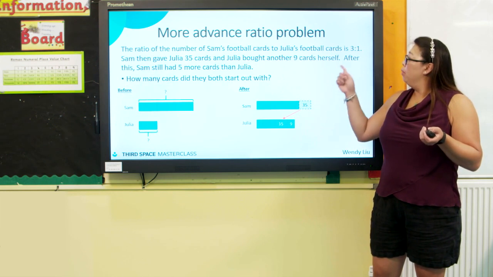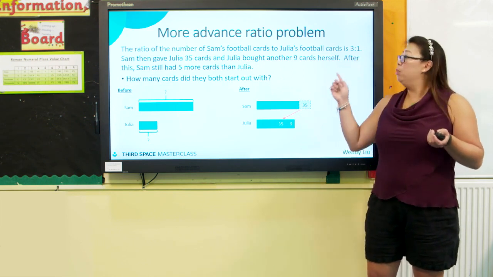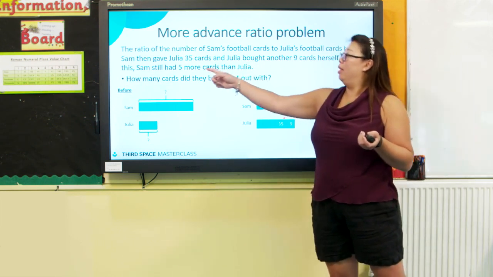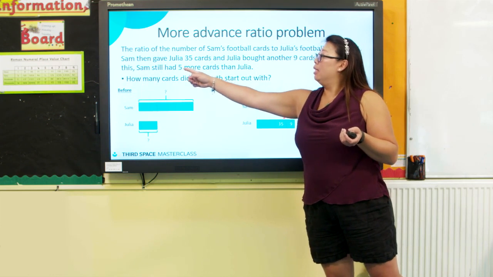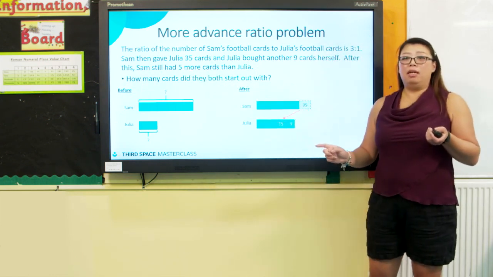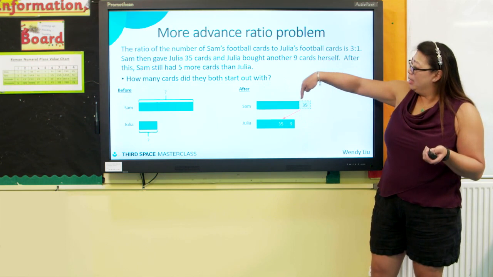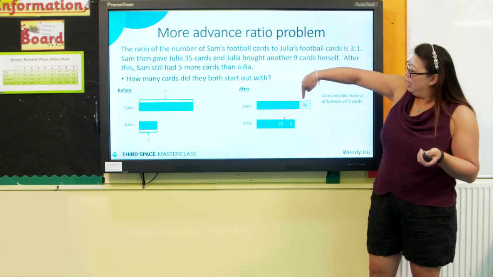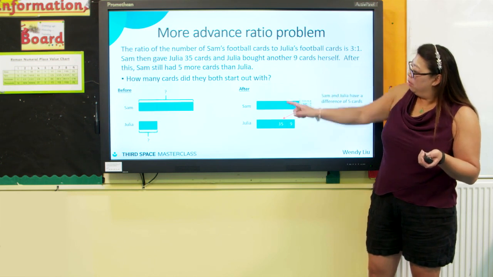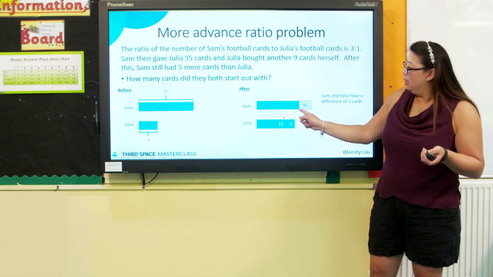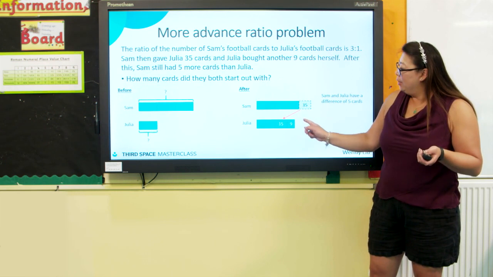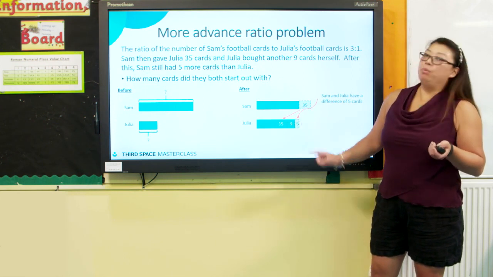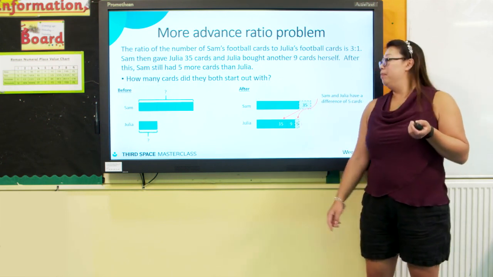Now, the other piece of information we're given is that after this, Sam still had 5 more cards than Julia. So essentially, it's the difference between Sam's amount of cards here and Julia's amount of cards here. And it's a difference of 5 cards. So it's that little gap here, which is worth 5 cards.